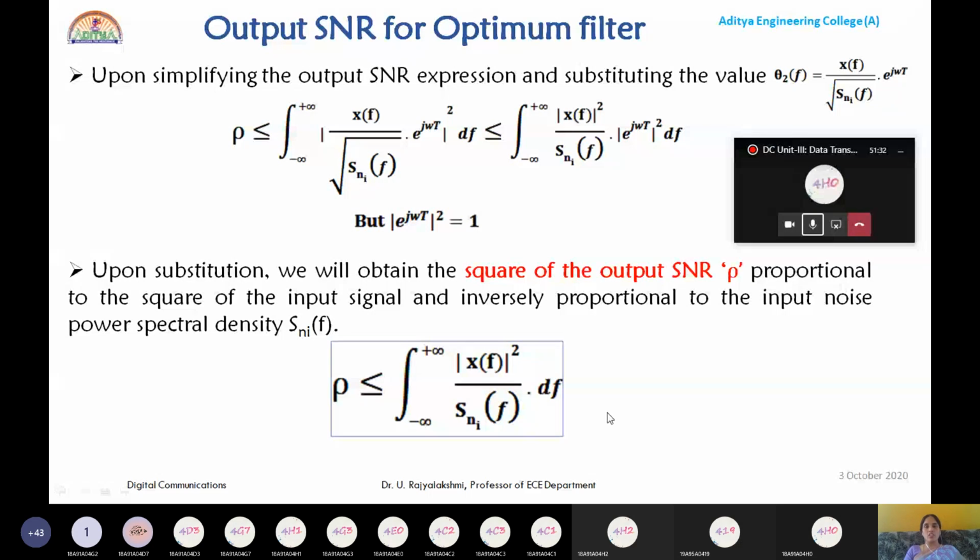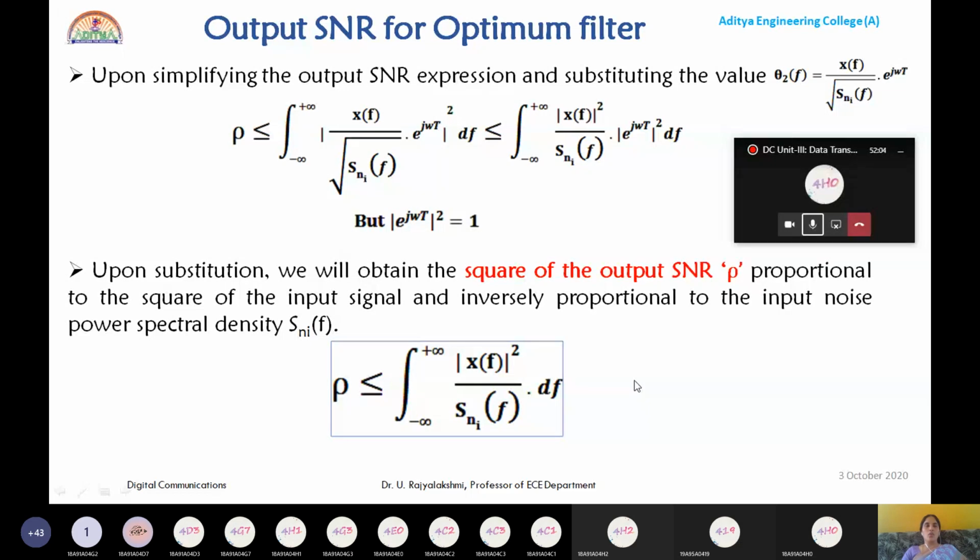But if you go for the matched filter, you will get it directly using this expression. For the matched filter, Sni of f is n0 by 2. So you can directly substitute Sni of f as n0 by 2 or eta by 2. In digital communication we considered it as n0 by 2, so you can directly obtain the value of the square of output SNR.